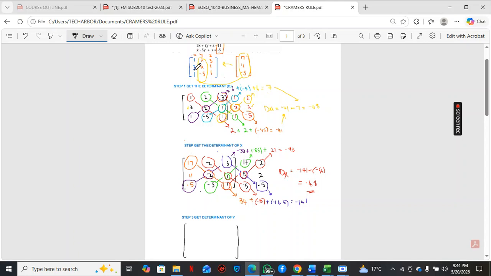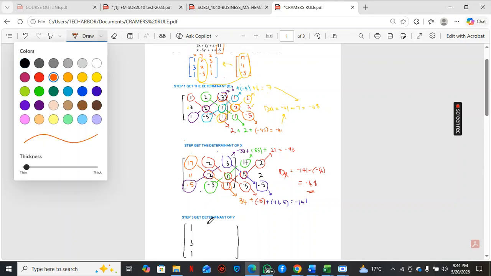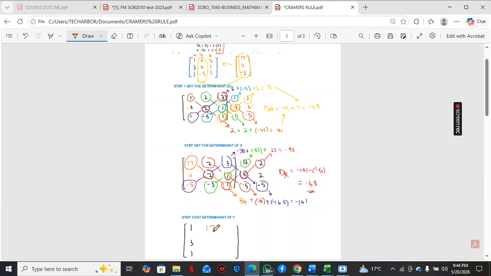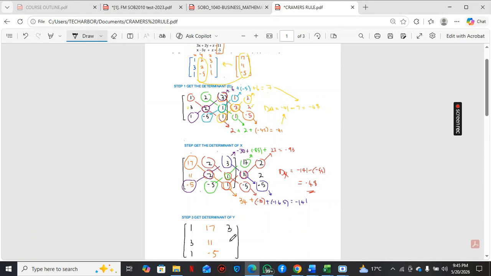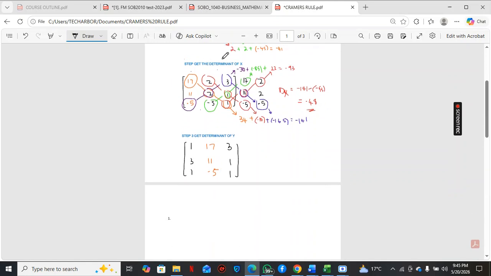Our X column, as you can see here, 1, 3, 1. Our Y column, replace it with 17, 11, negative 5. Then our Z column stays as it is, 3, 1, 1.